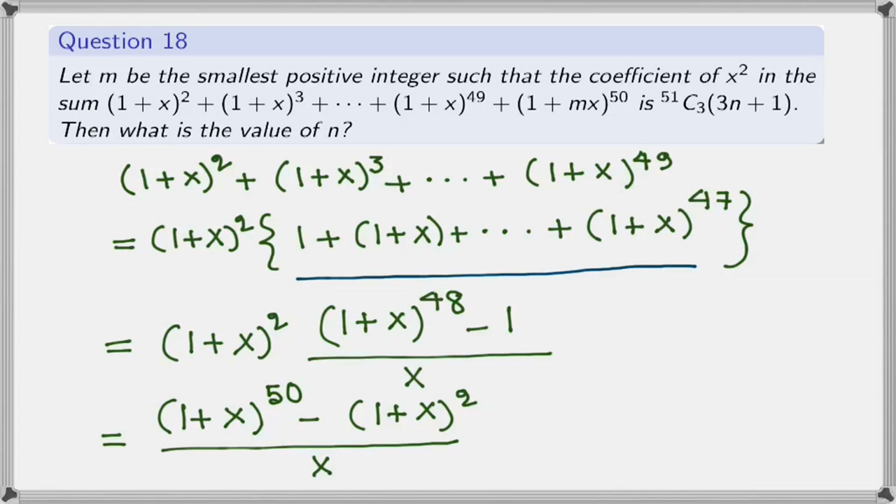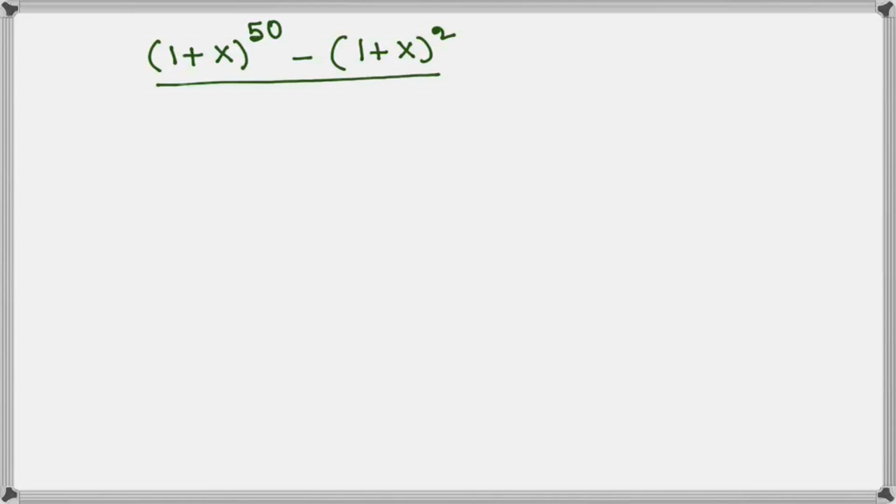So, our given sum turns out to be ((1 plus x) to the power 50 minus (1 plus x) square) divided by x plus (1 plus mx) to the power 50.